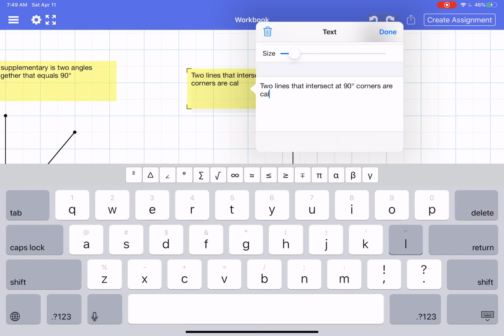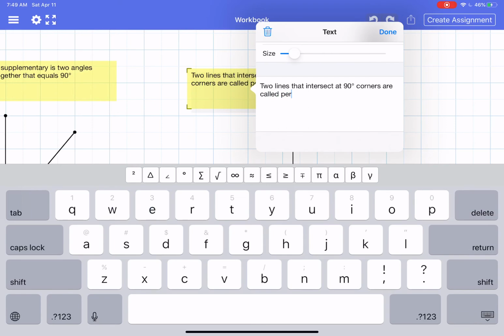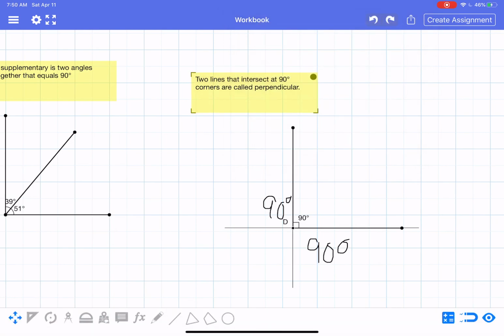Are called, now here's Mr. Charlie's spelling tests. There it is, perpendicular. There we go. So perpendicular. So there's another math word for us. So that's done. I'm going to lock it in place.